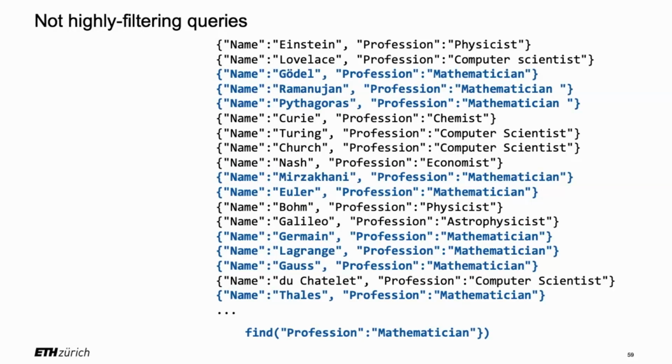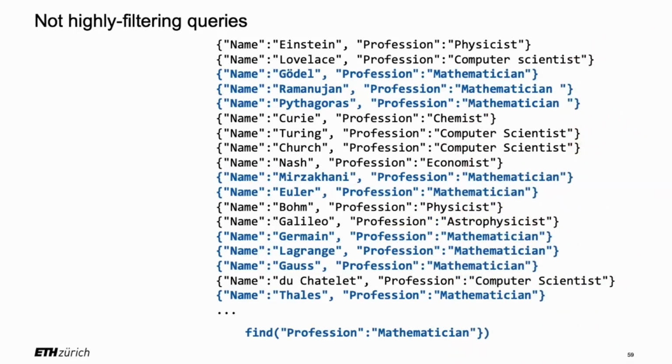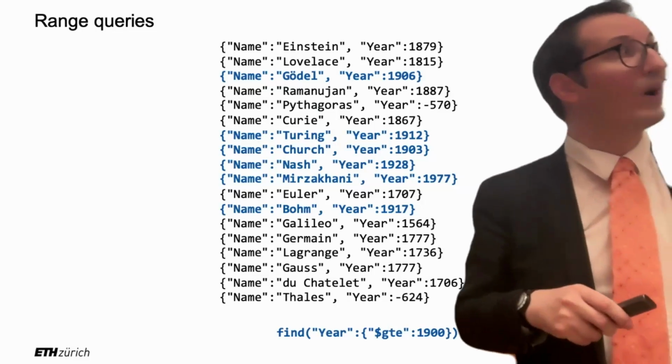Now there are other queries that are not so highly filtering because you're not using a primary key, but for example, if you filter by profession, you will find a lot of mathematicians. So now you have larger results, but perhaps you still want to optimize that as well, right? This is also something you can do with a filter in Spark. And then you have queries that are called range queries.